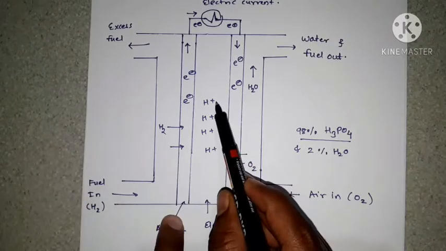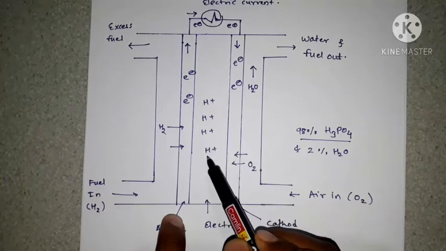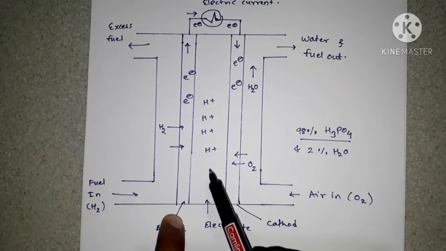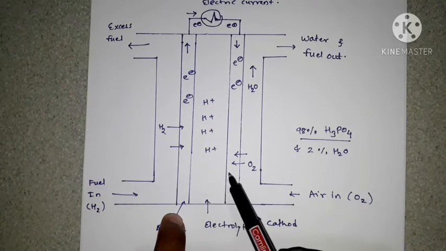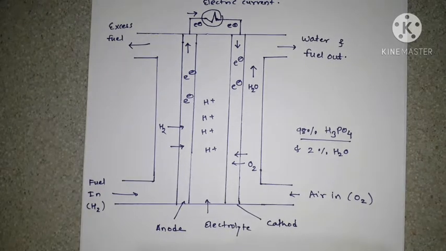As we know, H plus ion indicates this is the acid part, as the electrolyte in this phosphoric acid fuel cell.